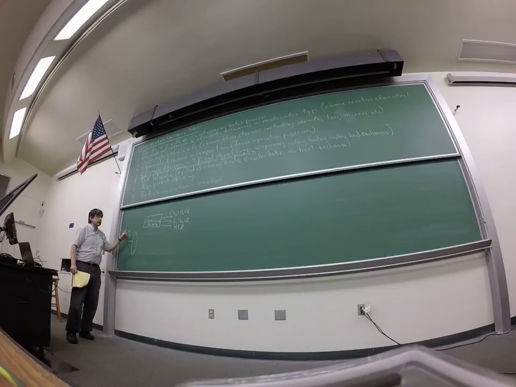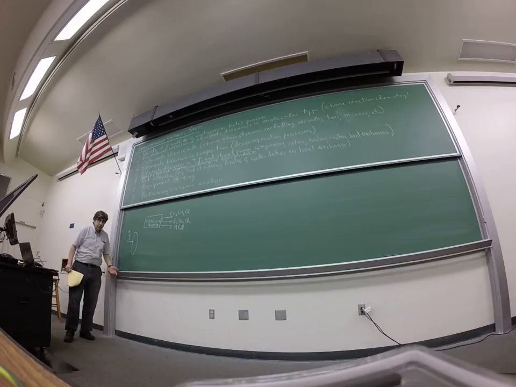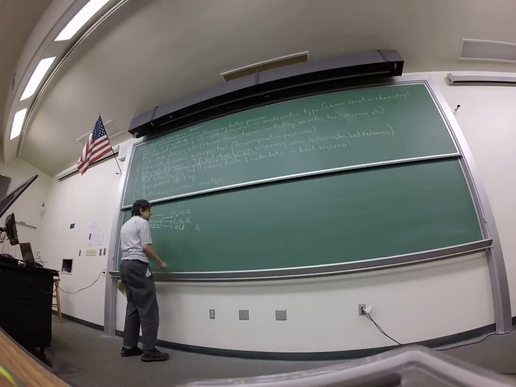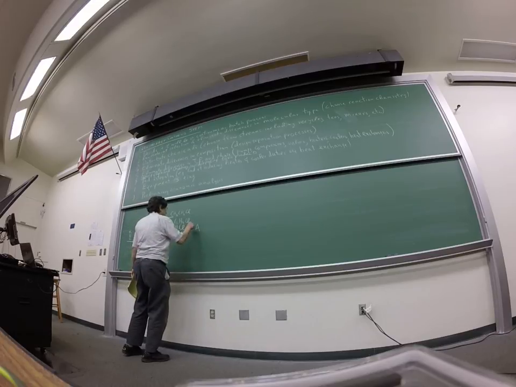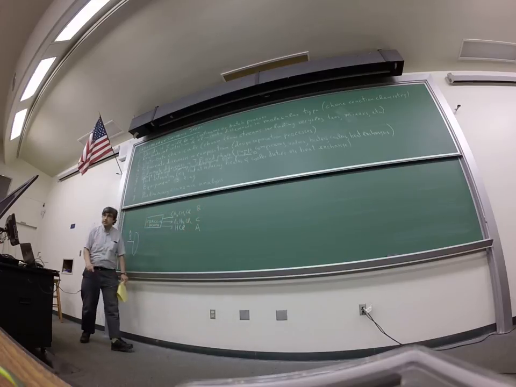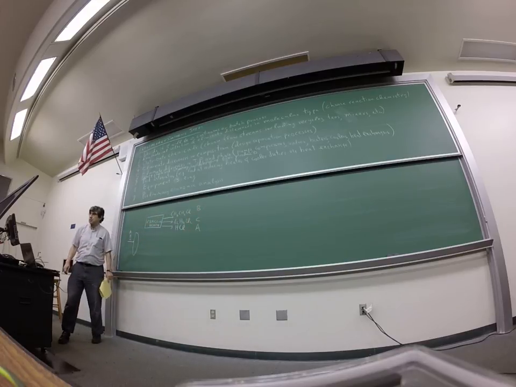Okay? So in our case, what's the most volatile? HCl. What's the least volatile? C2H4Cl2. So this would be my A. This would be my B. And this is my C in order of volatility. Okay?